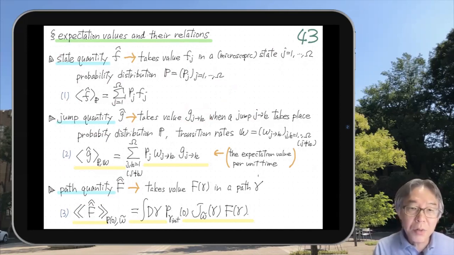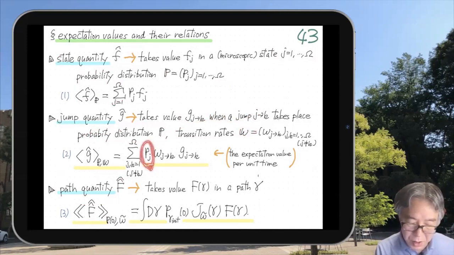And in order to define the expectation value of such a quantity, it's not enough to have only p, because we are discussing something related to jumps. We also need to specify the set of transition rates, omega. And here's the natural definition. Here we first assume that the system is in state j.